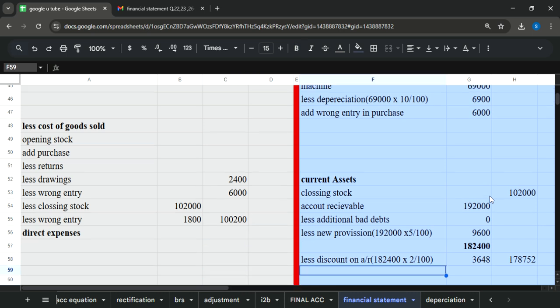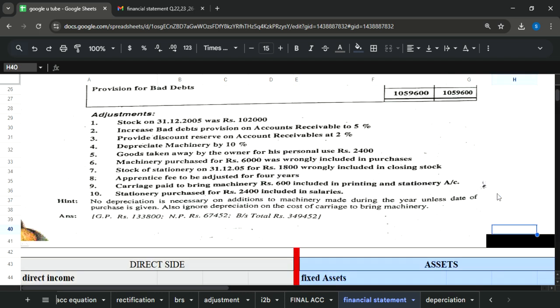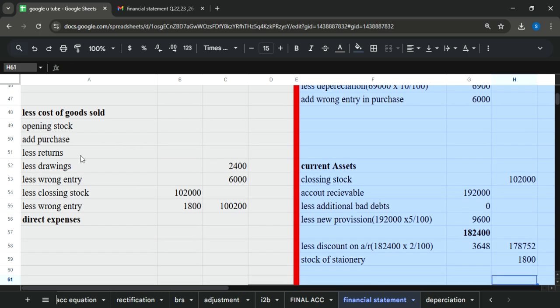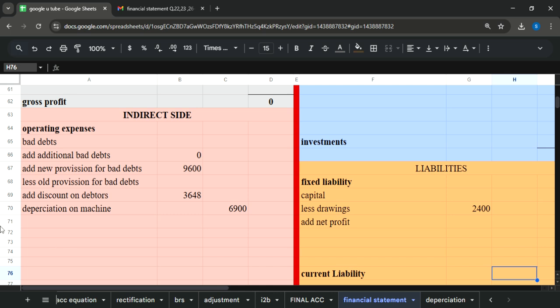So here we will write stock of stationery. Once again I'm telling you, stock of stationery at 31st December, that means it was closing stock, 1800 would be written over here. Second method, what I have told you, that you will go to indirect side and you will write stationery subtract closing stock.